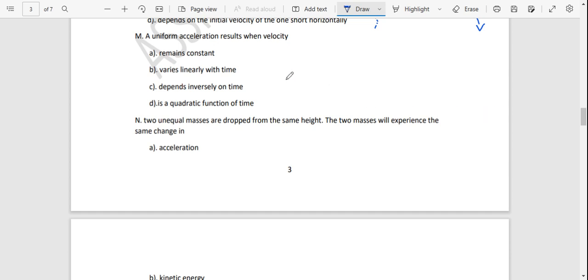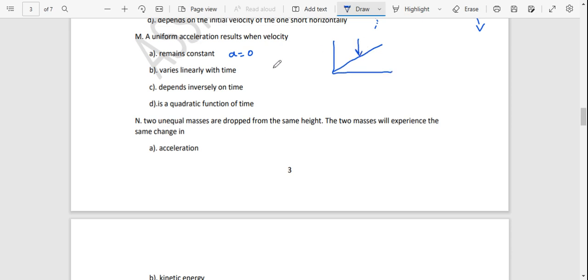A uniform acceleration results when velocity remains constant, varies linearly with time, or depends inversely on time. Now, when velocity remains constant, acceleration is equal to 0. When velocity varies linearly with time, what we're going to see is a line like this if you have a velocity-time graph.